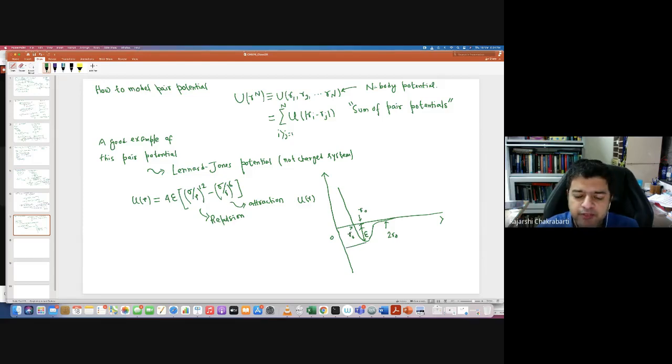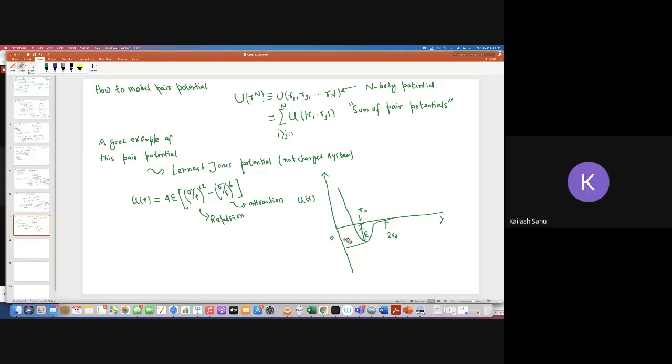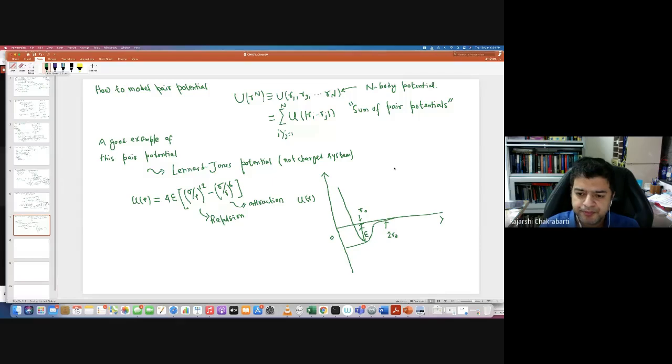How do I calculate the value of r naught? Tell me. By differentiating and putting it 0. Okay. So at r equal to r naught, your u(r) is given by minus epsilon, isn't it?